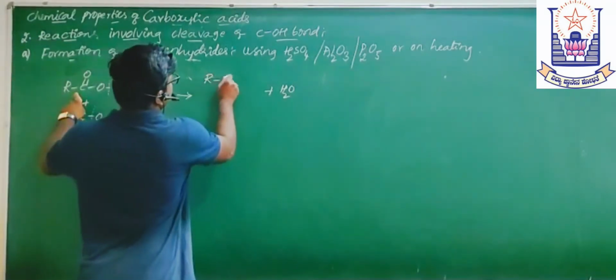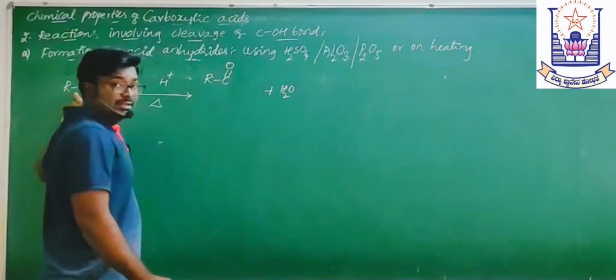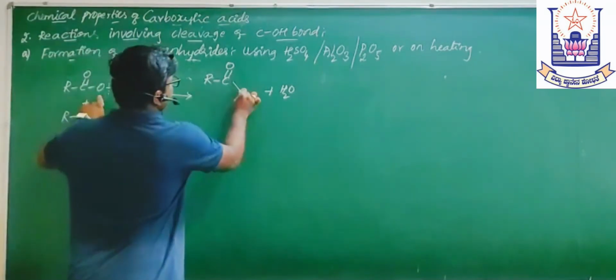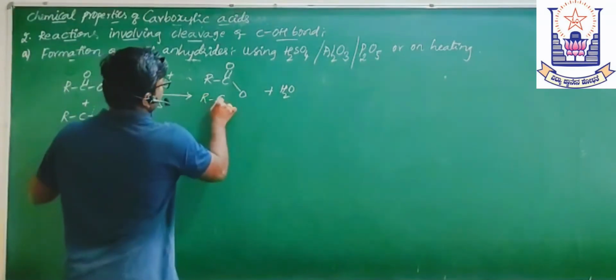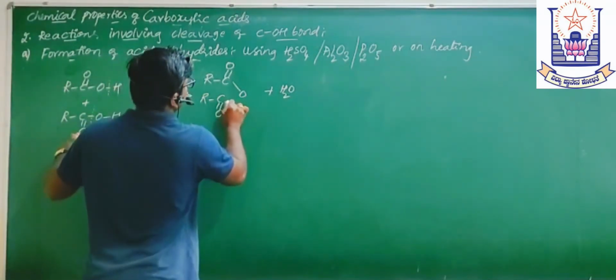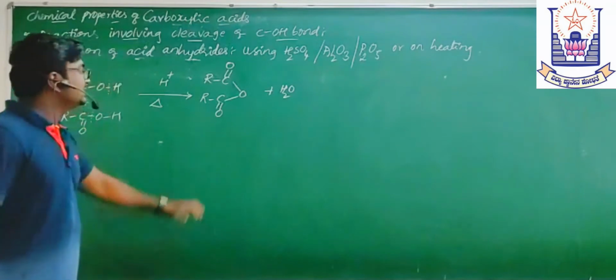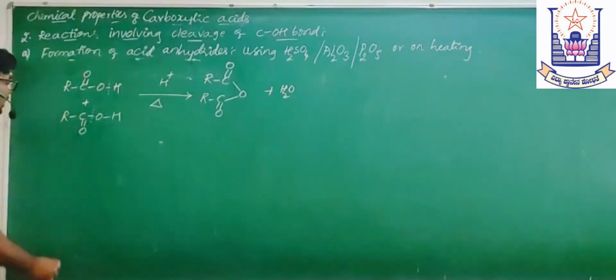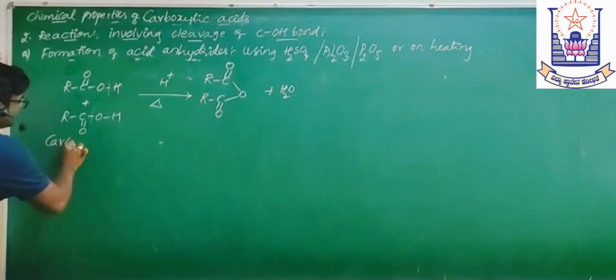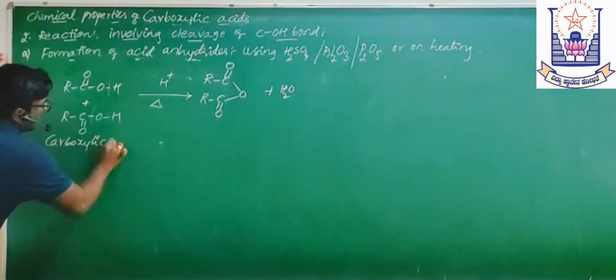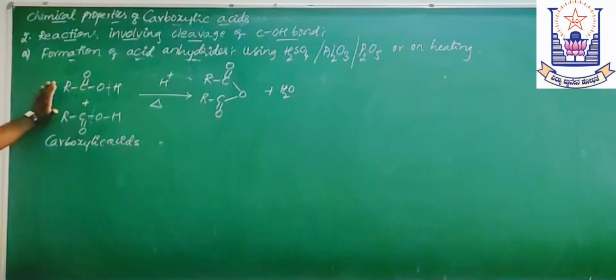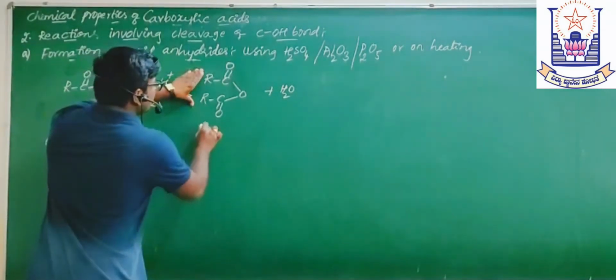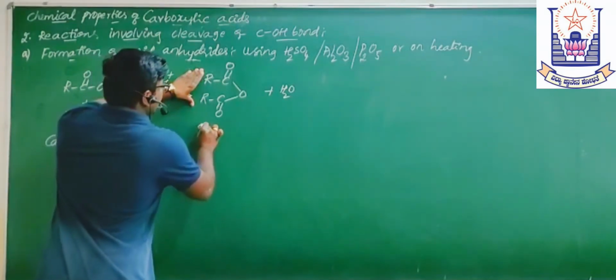RCO and RCO will join together through O. These two are carboxylic acids. 2 moles of carboxylic acids are converted into 1 mole of acid anhydride.